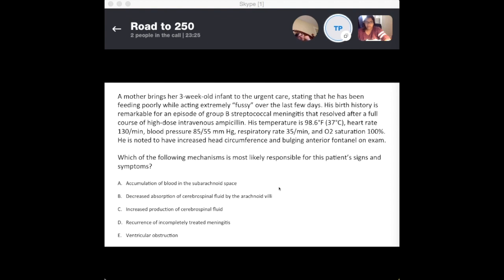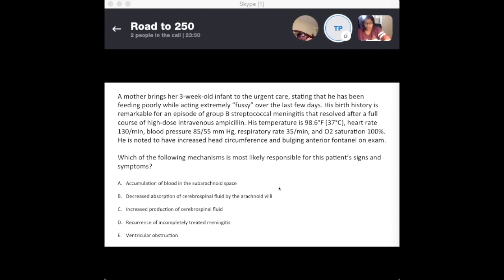His temp is 98.6, heart rate 130 per minute, blood pressure 85/55, respiratory 35 per minute, and O2 sat 100%. He is noted to have increased head circumference and bulging anterior fontanelle on exam. Which of the following mechanisms is most likely responsible for this patient's signs and symptoms?